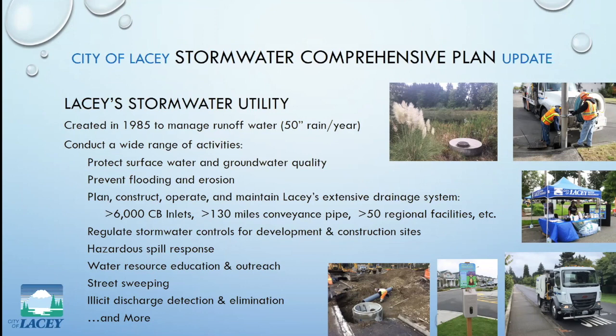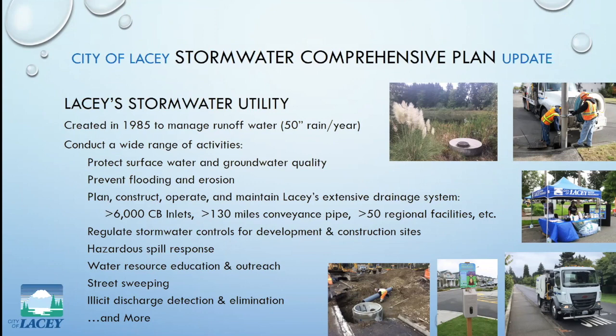We have a very extensive drainage system here in Lacey to collect the runoff water and convey it via pipes and ditches to treatment ponds and facilities. So there's the construction, operation, and maintenance of all of those facilities. And then many other things that we do as well.